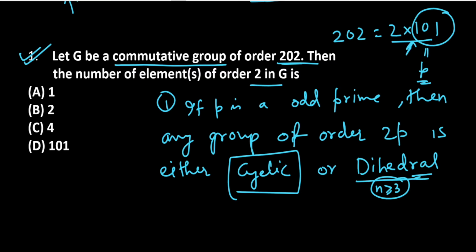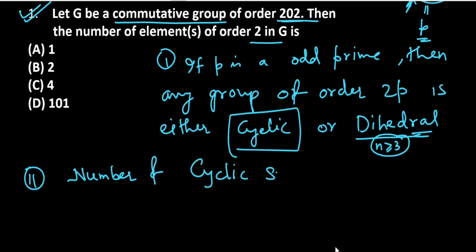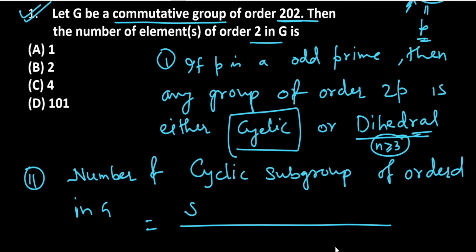So here we use another concept, concept number 2: the number of cyclic subgroups of order d in G is equal to the number of elements of order d in G divided by phi of d.